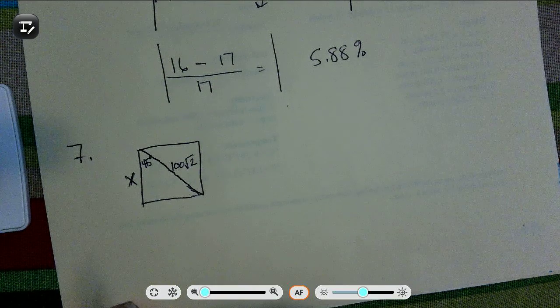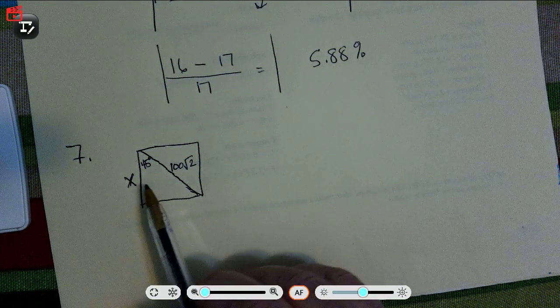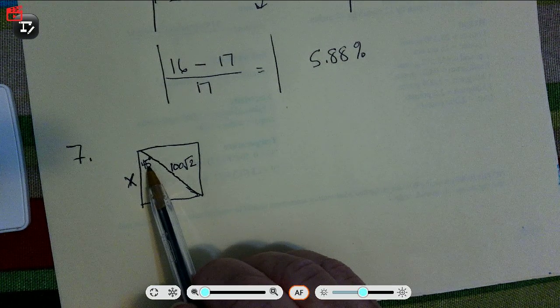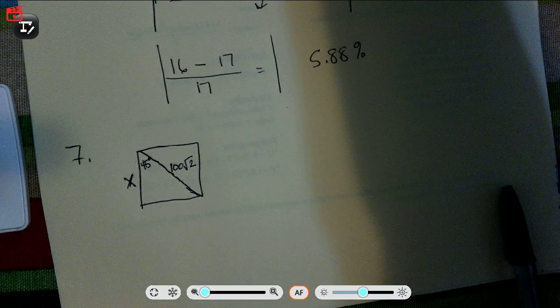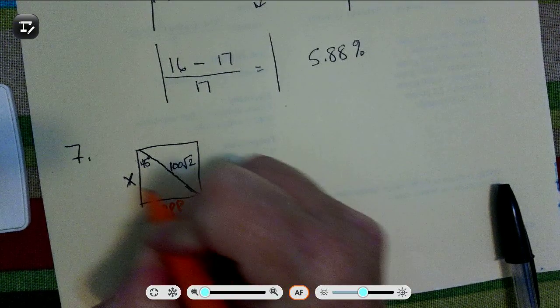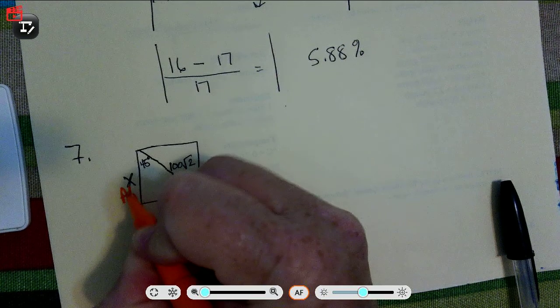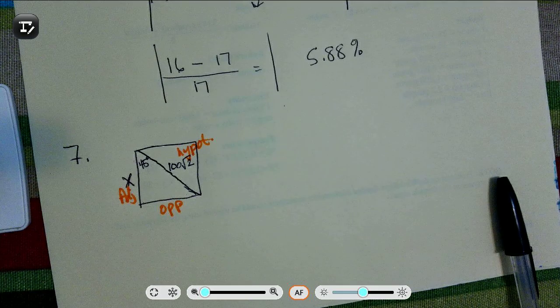Now, if that special right triangle didn't come back to you, we can also use a trig function. 45 degrees is what you know. Then we're going to label all of these sides. Over here is the opposite. Here is the adjacent. And this, again, is the hypotenuse. So which am I looking for?